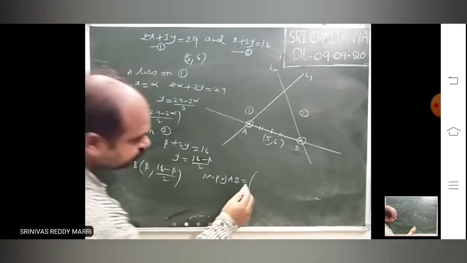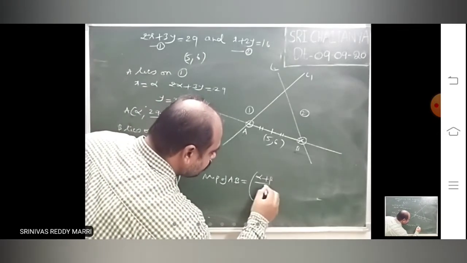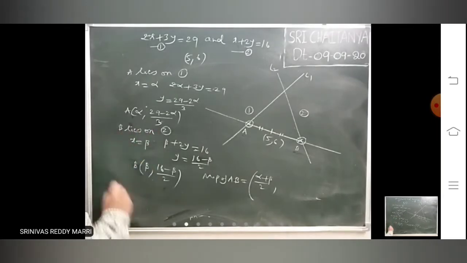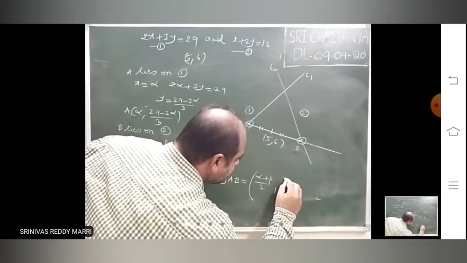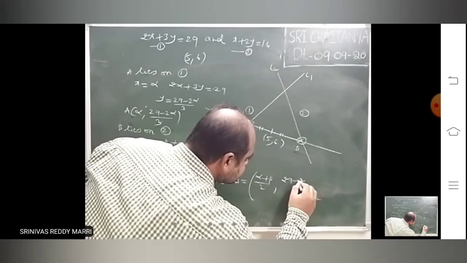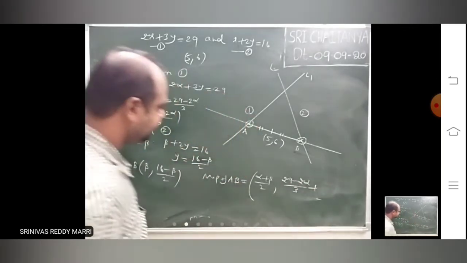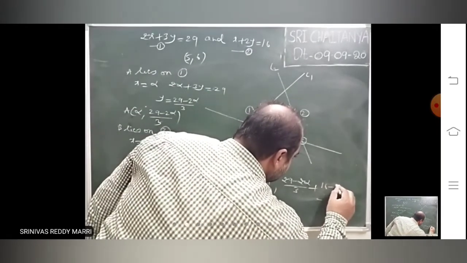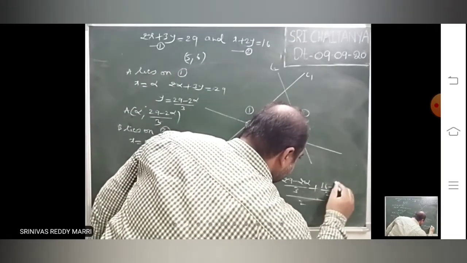This is nothing but alpha plus beta by 2, comma, 29 minus 2 alpha divided by 3 plus 16 minus beta by 2, all divided by 2.